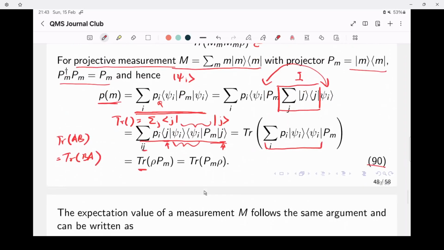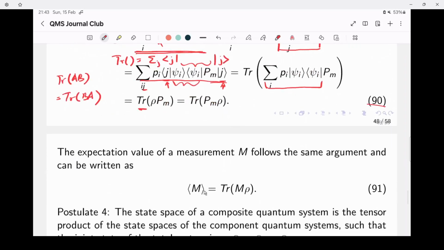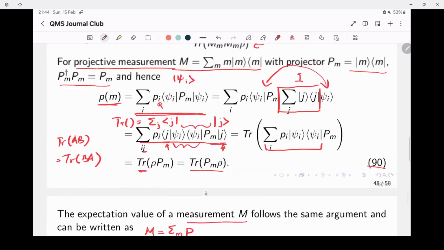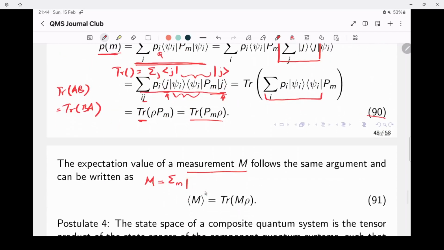So if you want a more general transformation, like how you would find the expected value for a measurement, this measurement contains all the possible measurement outcomes. Or you can write something like this, right?